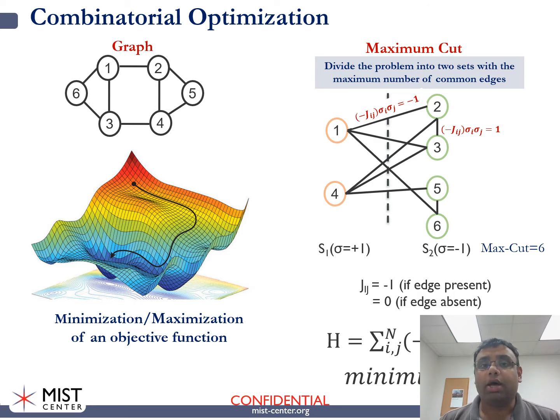The way we can develop the objective function for this problem, which is specified at the bottom right, given by this H term, is by creating these two sets, and then we create a rule such that if a node is placed in, say, set 1, it's assigned a value of +1, and if the node is placed in set 2, it is assigned a value of -1.